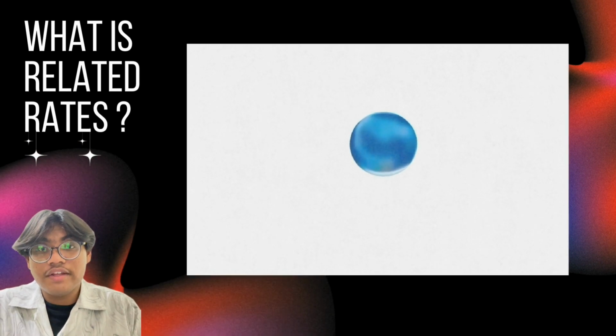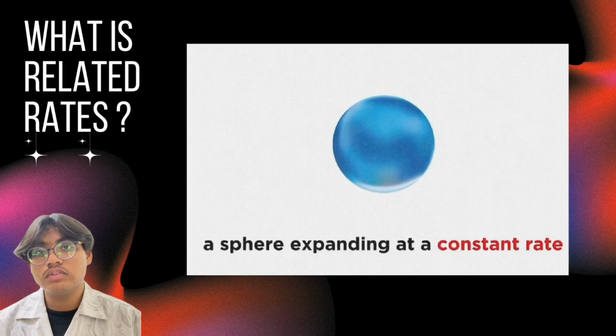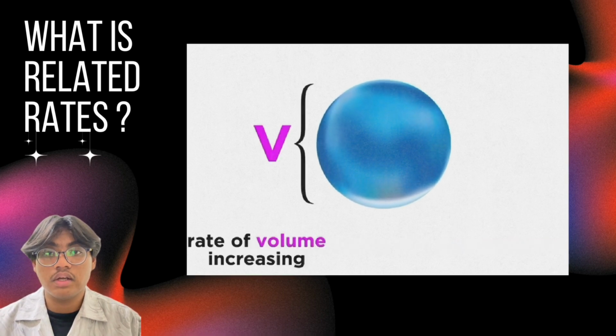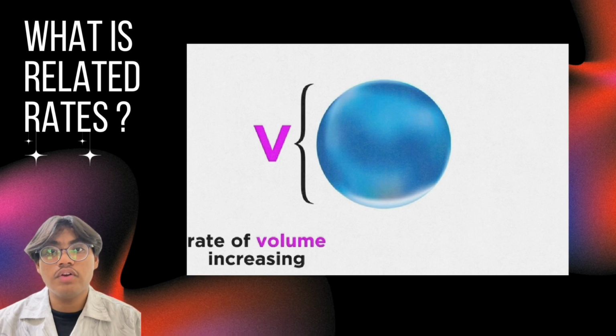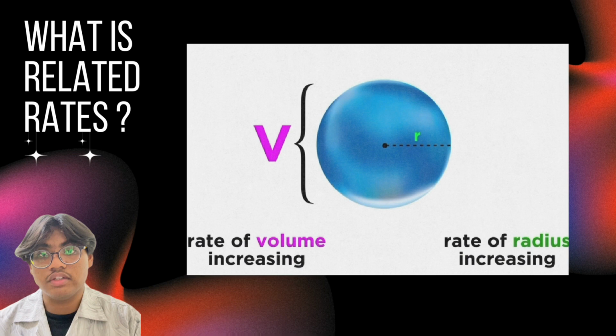Let's say we are inflating a balloon, and let's pretend the balloon is a perfect sphere. So we have a sphere that is expanding at a constant rate. Now, say we want to describe the rate at which the volume of the sphere is increasing, as well as the radius of the sphere is increasing too.